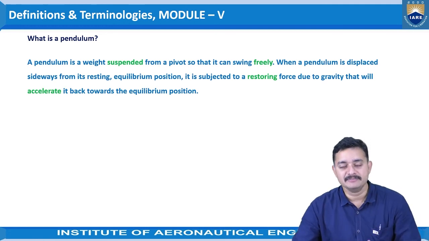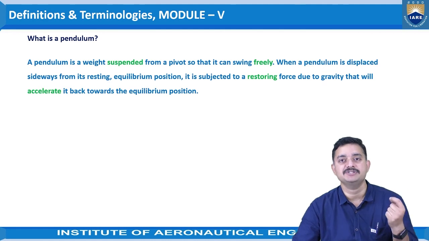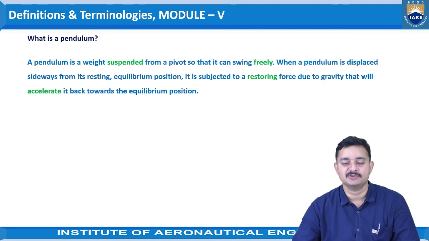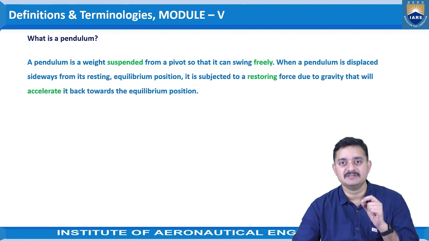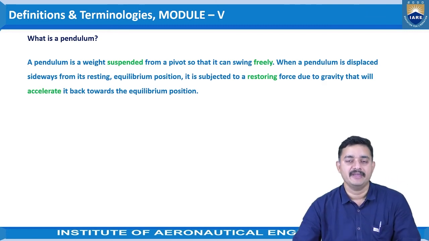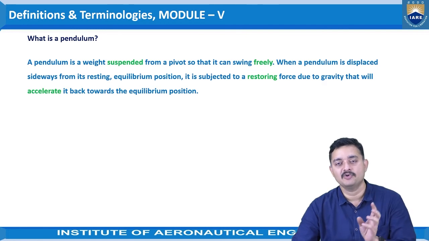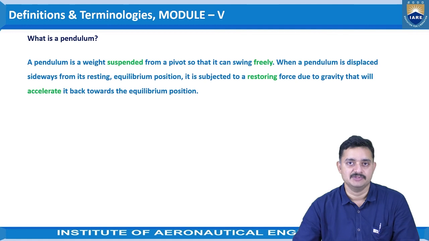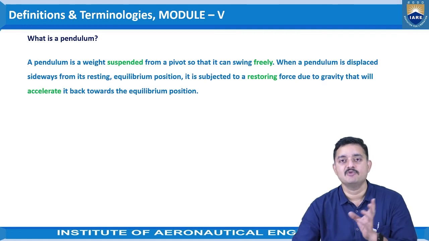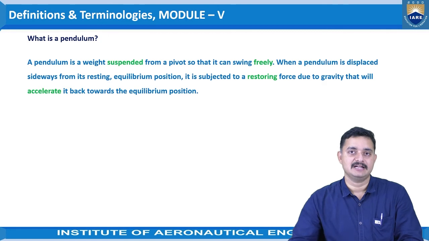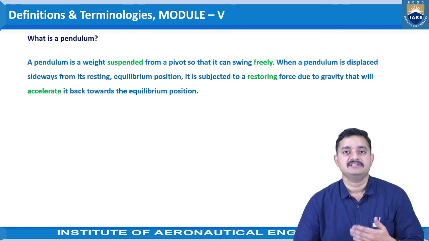So here, when the pendulum is moving to and fro from the extreme position on one side to the extreme position on the other side, the gravitational pull comes into the picture. When the pendulum reaches the maximum extreme position, gravitational pull will make the pendulum come back to the equilibrium position. This acceleration will make the pendulum go again to the other side of the extreme position. So, with this, the movement of the pendulum happens. That means the acceleration makes the pendulum move in the to and fro direction.